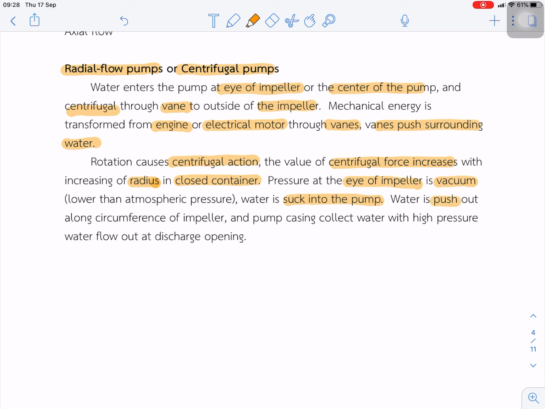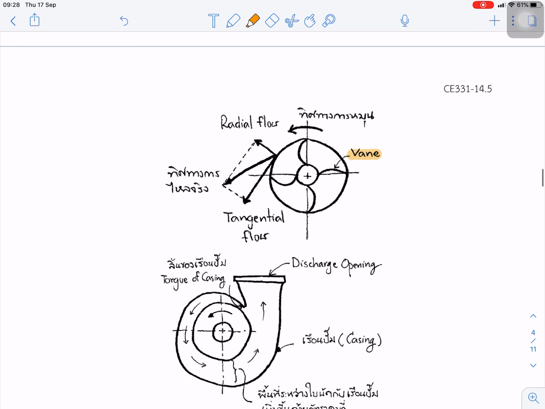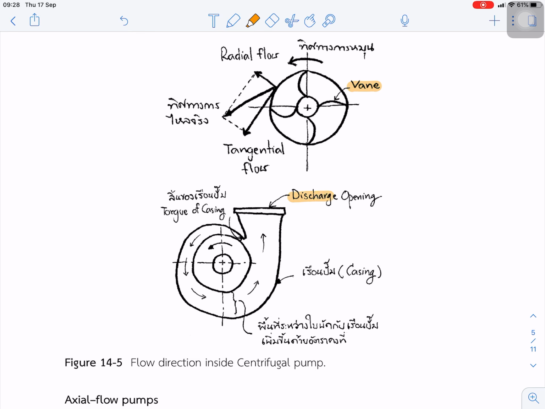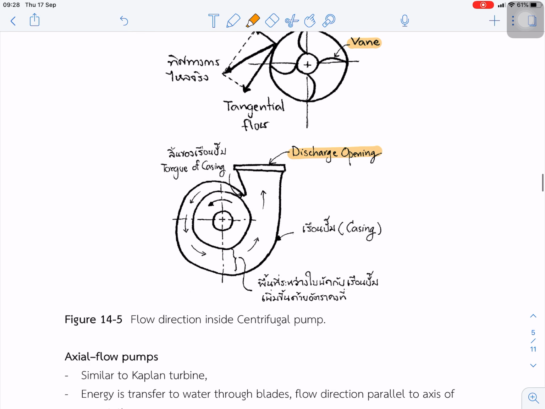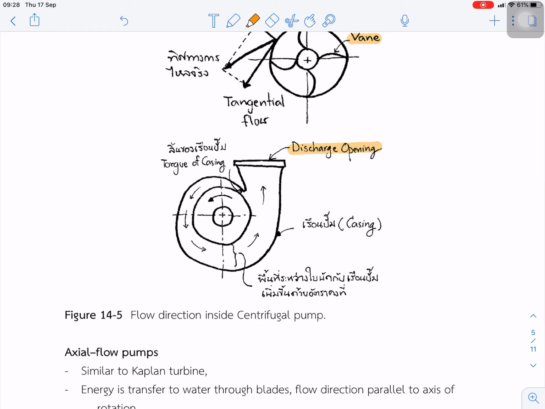Water is pushed out along the circumference of the impeller and pump casing, collecting water at high pressure. Water flows out at the discharge opening.